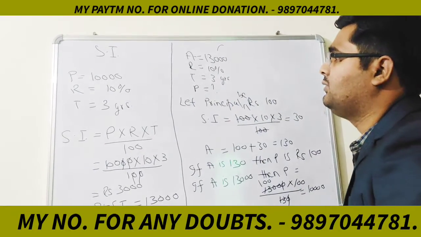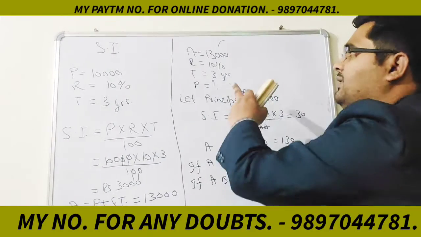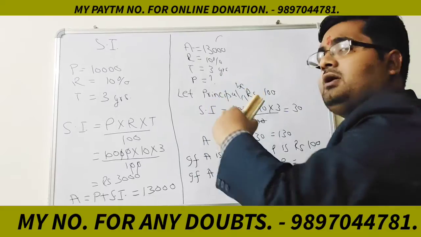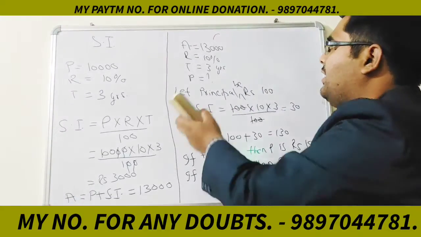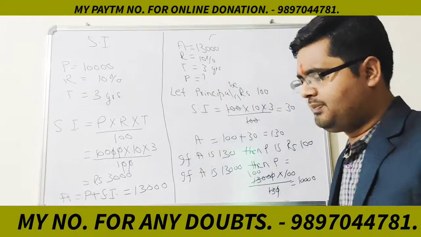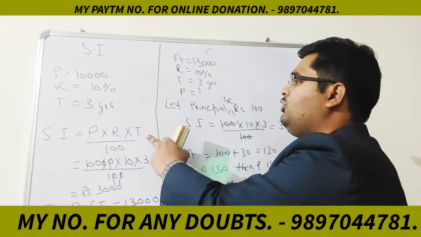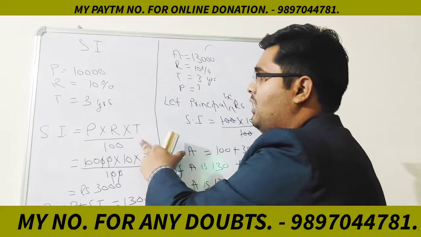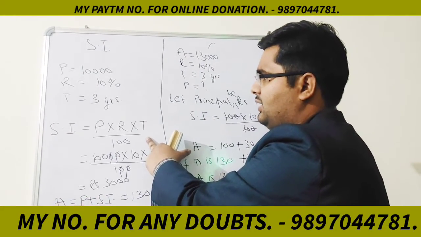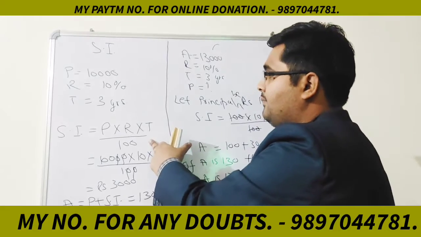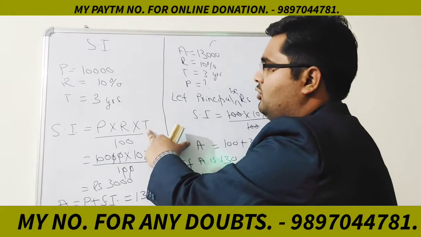In some cases they have given you the principal, they have given you the rate, and they will even give you the SI, but you have to find out the time. So in that case you simply have to use this formula, put in whatever values are given, and what is unknown you can find out.